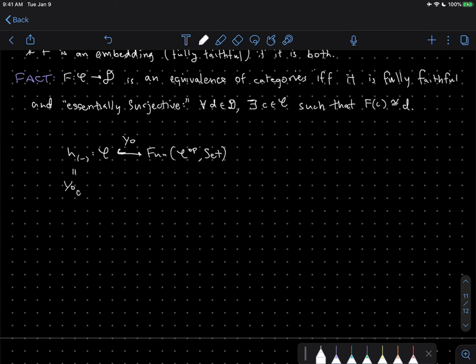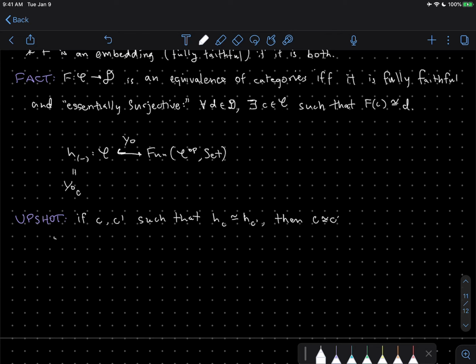Another upshot of it is that if little c and little c prime are such that h sub little c is naturally equivalent to h sub little c prime, then little c was isomorphic to little c prime to begin with.